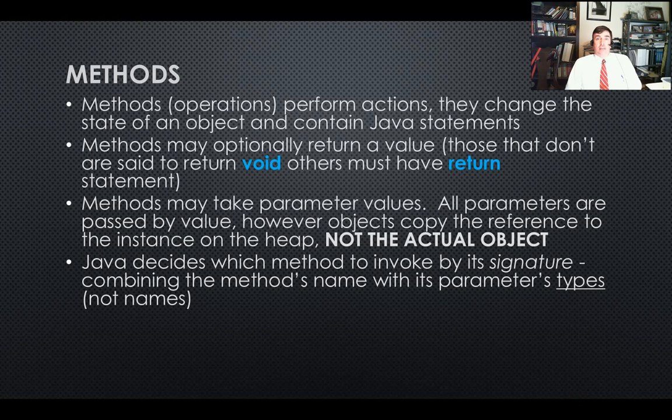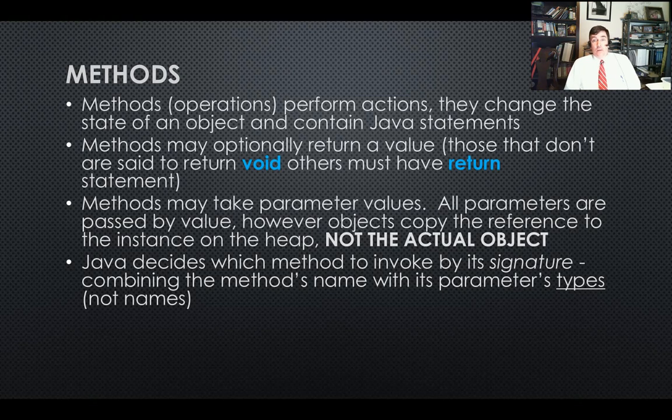That means we're going to take the value and copy it into the method stack frame. But what if it's an object reference? The value of an object reference is the location where the object is stored. So we're not copying the actual object, we're copying the location of where it's stored on the heap. So this is in bold all caps: we do not copy the actual object.